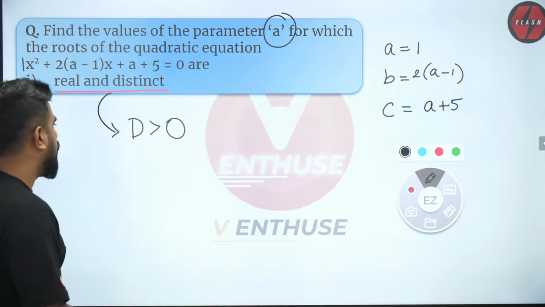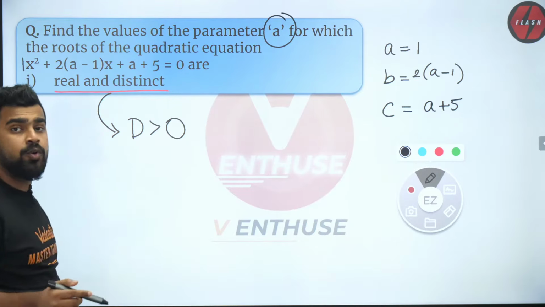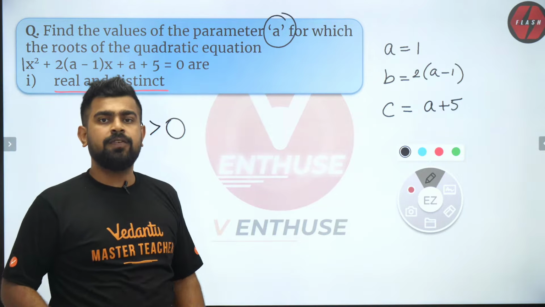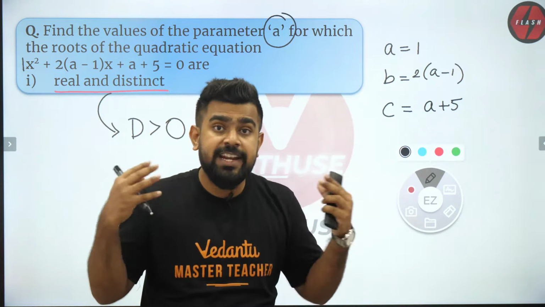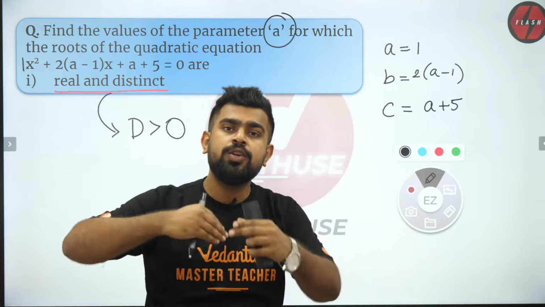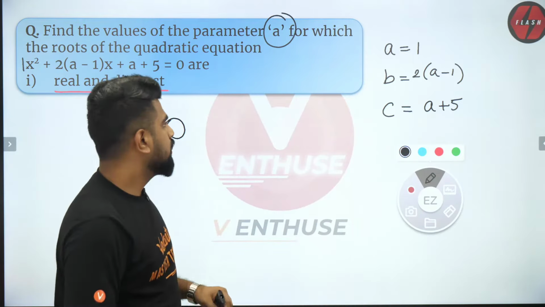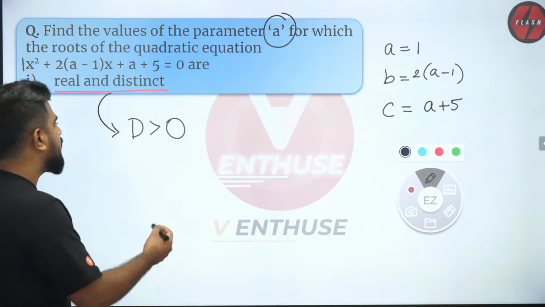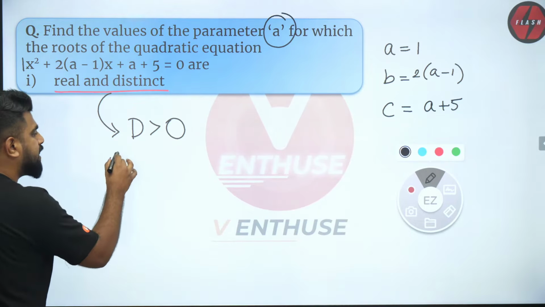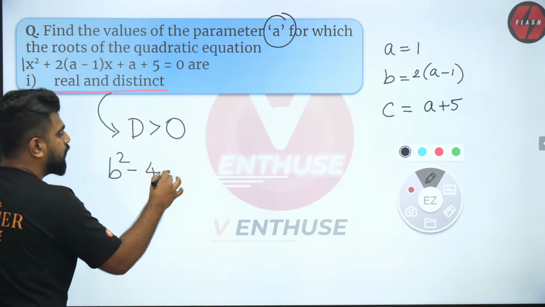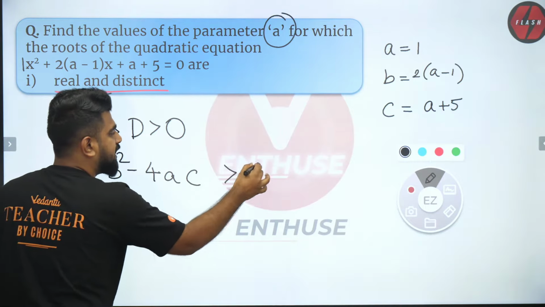Now let's apply it over here. That is why I told you go in a systematic manner. First list down what you have, the data that is given to you, and then you slowly come down to the question which is asked. Got it? So here I have discriminant, and what is my discriminant, guys? For a quadratic, it is b square minus 4ac, and that should be greater than 0.